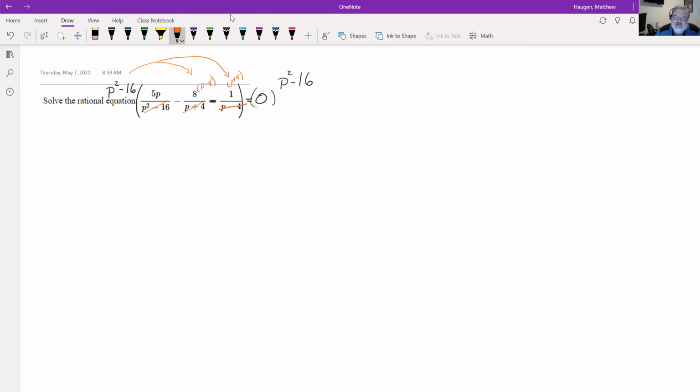Okay. Essentially, the good old clearing fractions. Instead of clearing fractions with numbers, we're clearing fractions with expressions. Which is why, as Andrew said, it's really nice that the p plus 4 and p minus 4 are the factors that made up the p squared minus 16, because if not, we'd have to multiply by a lot more.